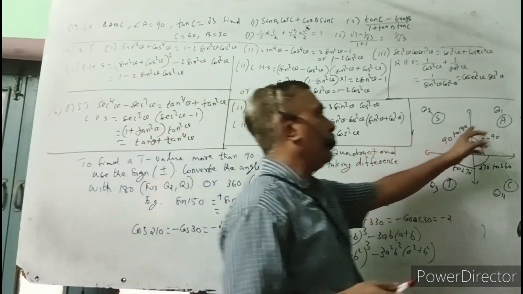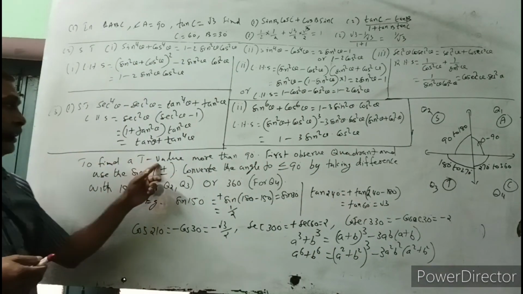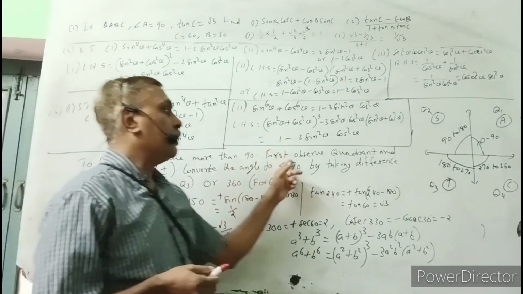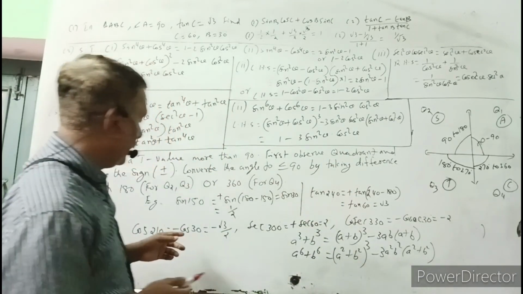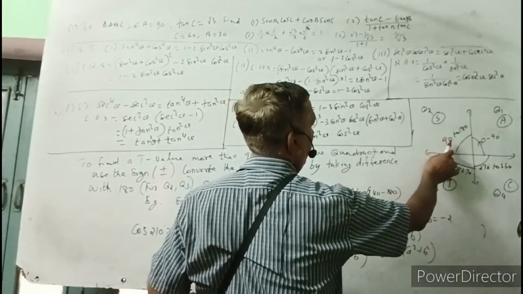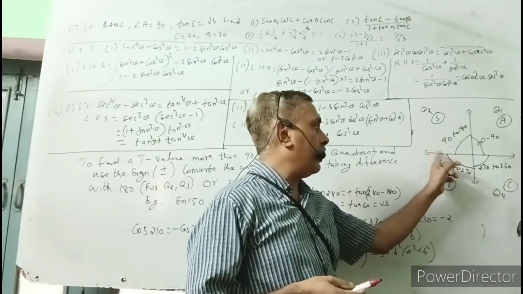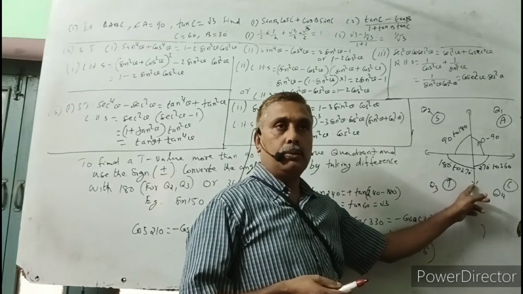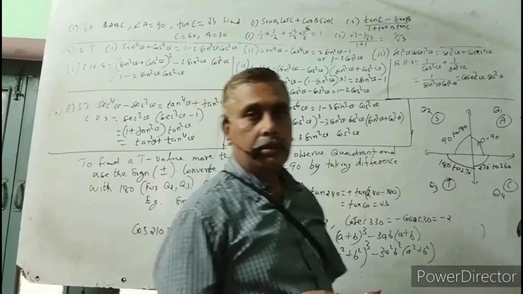So how to find the value of an angle more than 90 degrees? To find a trigonometric value for more than 90 degrees, first observe which quadrant it lies in. One example: see sine 150 degrees. 150 degrees is in quadrant number 2. If it is more than 180 and up to 270, then you use the third quadrant, for example 210, 240.